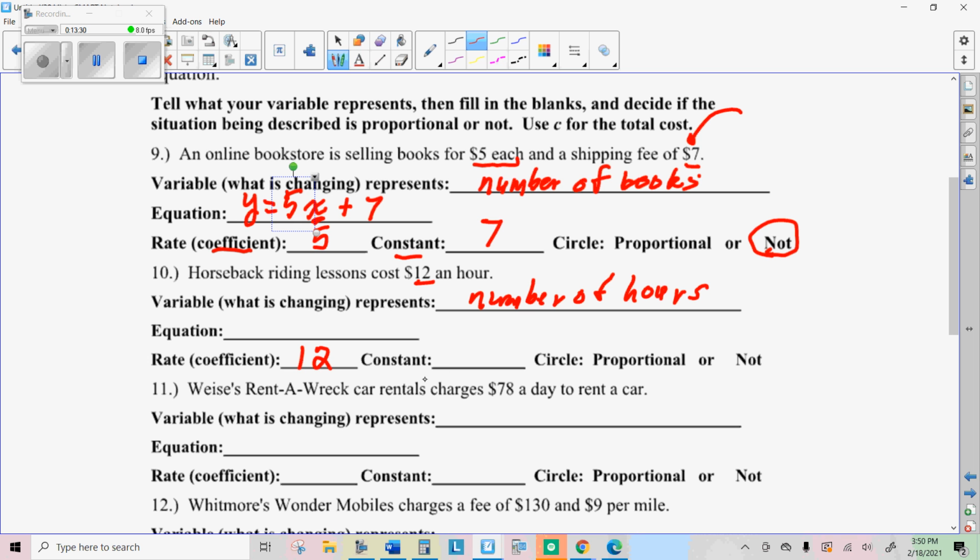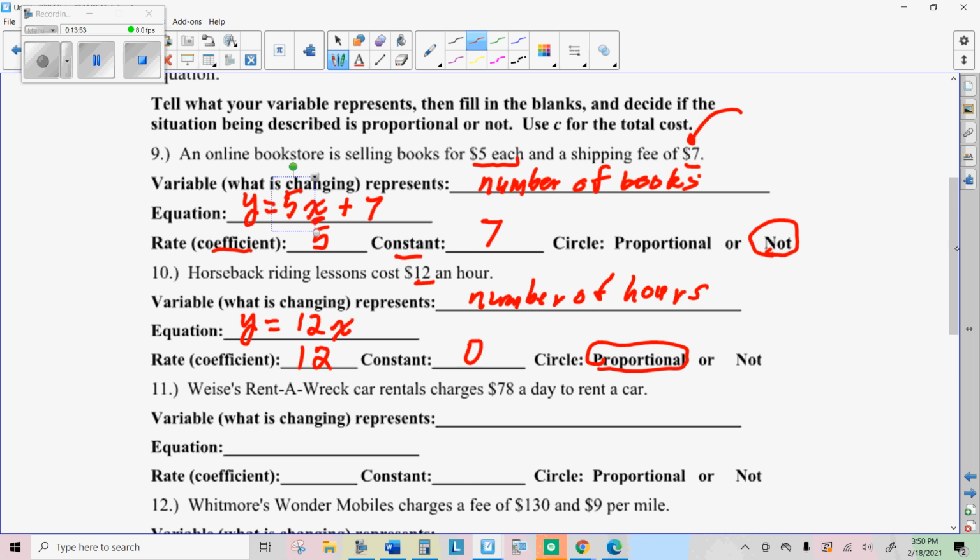That's the $12 per hour. You don't have to pay any extra for this horse. There's no extra fee, so the constant is 0. When the constant is 0 and you have a constant rate, then that is proportional. And so we get an equation where it's just the coefficient times x with nothing added on.